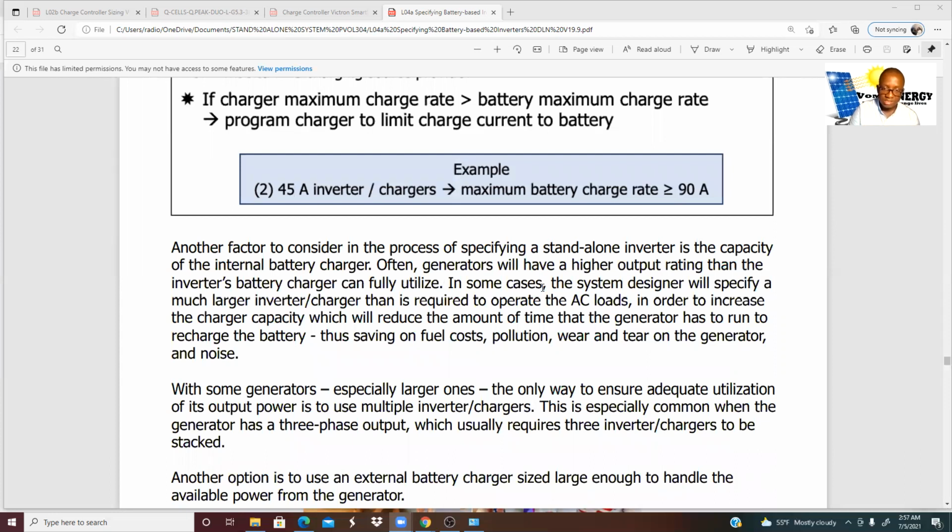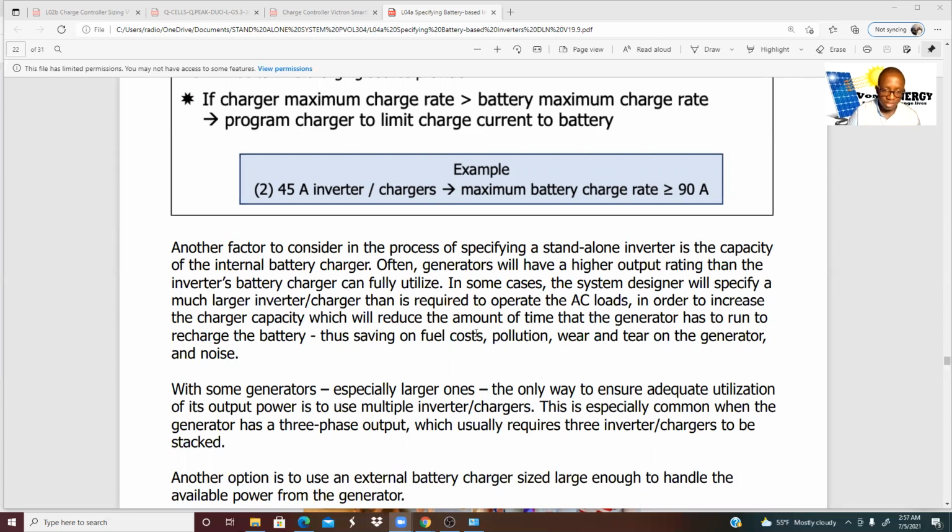In some cases, the system designer will specify a much larger inverter charger than is required to operate the AC load, in order to increase the charger capacity, which will reduce the amount of time that the generator has to run to recharge the battery, thus saving on fuel costs, pollution, wear and tear on the generator, and noise.